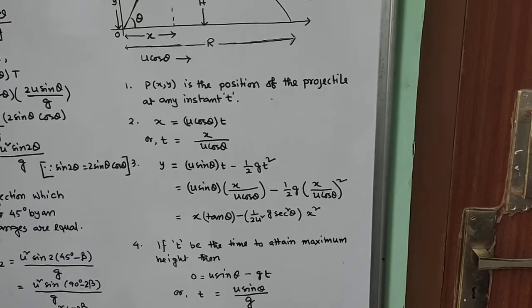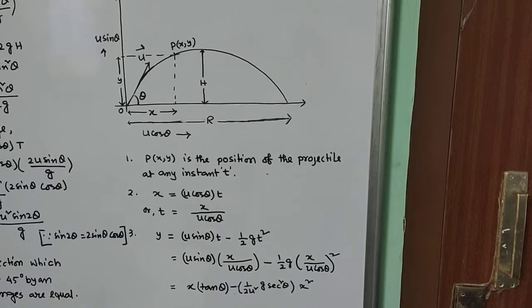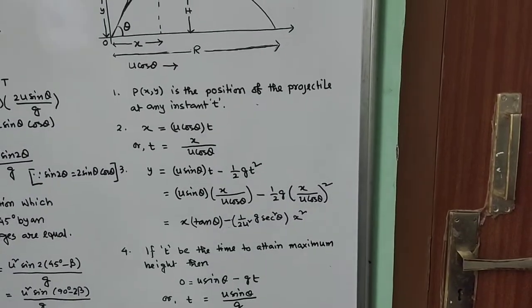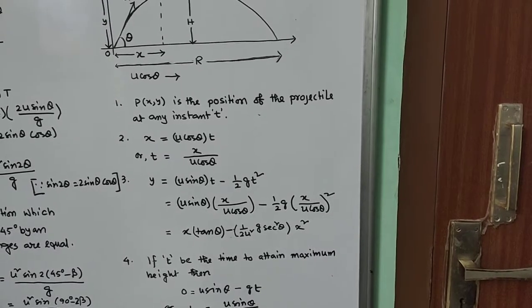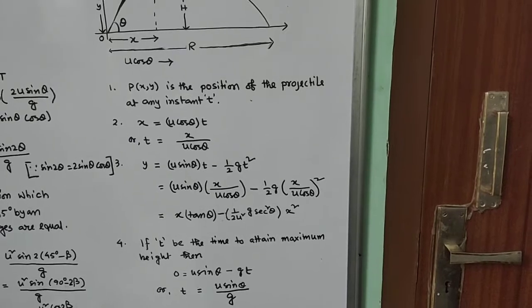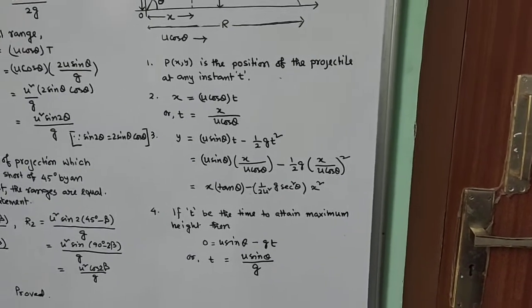As at maximum height the velocity is 0, that's why 0 equal to, and as it is vertical motion, in place of u we have to write u sin theta, and as it is against gravity, minus gt, and t equal to u sin theta by g. And t is the time to reach maximum height, and sometimes it is known as time of ascent.